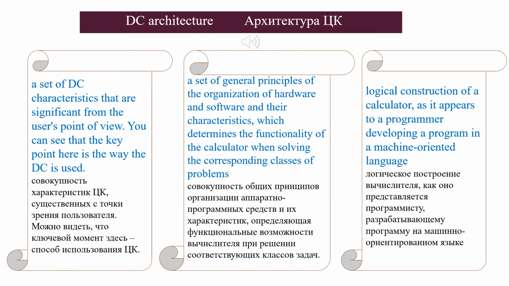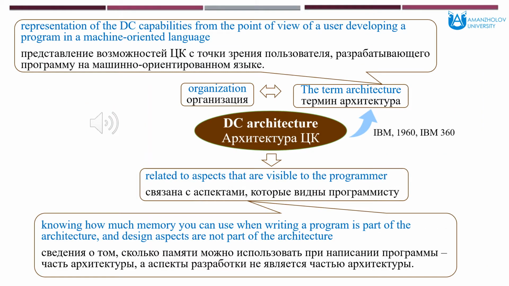Logical construction of a calculator as it appears to a programmer developing a program in a machine-oriented language. The term architecture: representation of the DC capabilities from the point of view of a user developing a program in a machine-oriented language.